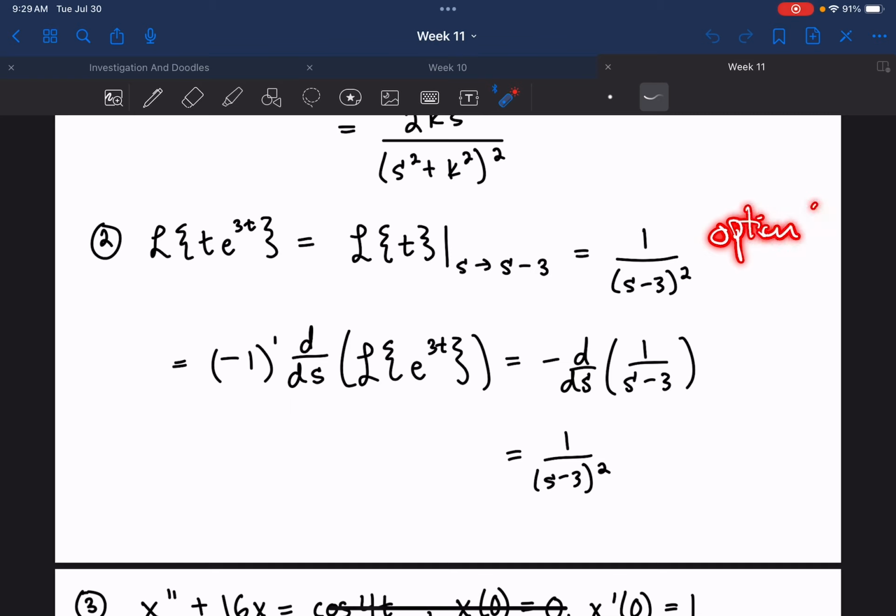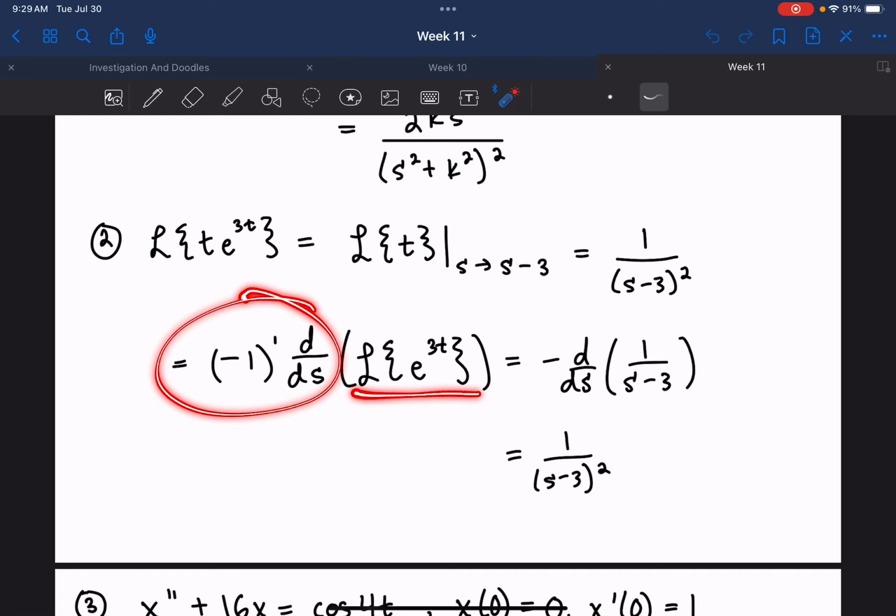Option 2 is we view this as a derivative operator on the Laplace transform of e to the 3t. So this is t to the first power times some function of t. So we can view this as first derivative times negative 1 of the Laplace transform of e to the 3t.